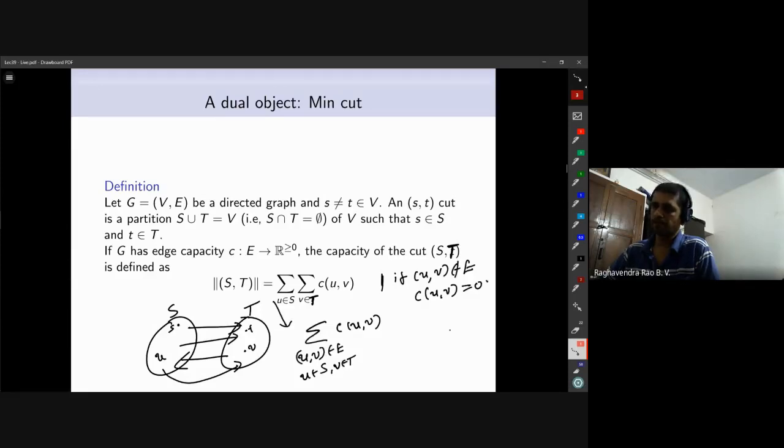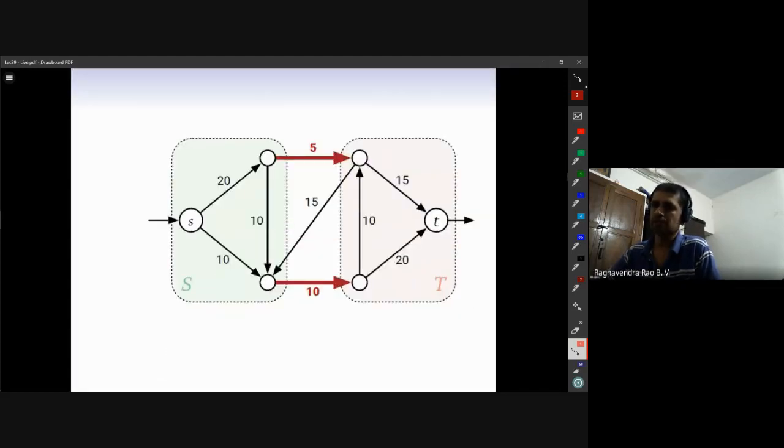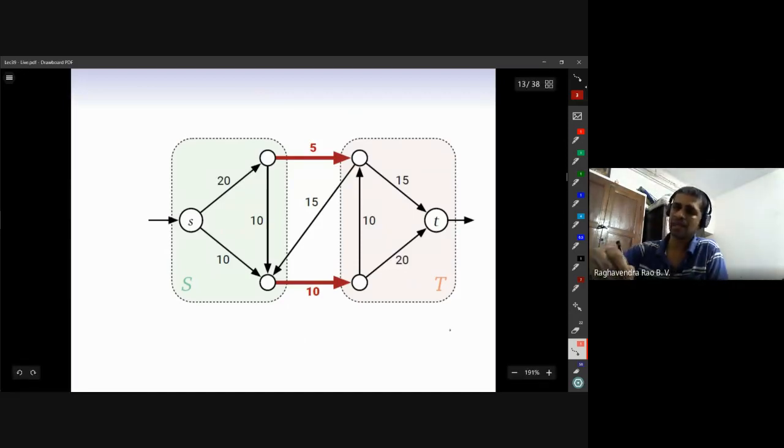So I'll use the previous example to demonstrate. Again, the whole example is from Jeff Erickson's book. If I take this as S, any subset that contains S and any subset that contains T, such that their union is the whole vertex set.